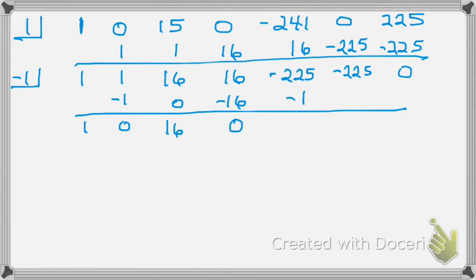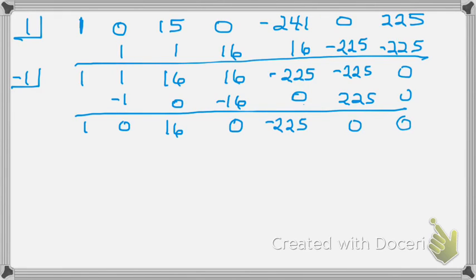Negative 226? Nope, I did that wrong. 0 times anything is 0, right? So negative 225 times -1 is positive 225. 225, and that's 0, 0, 0.